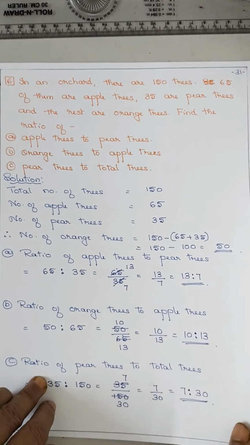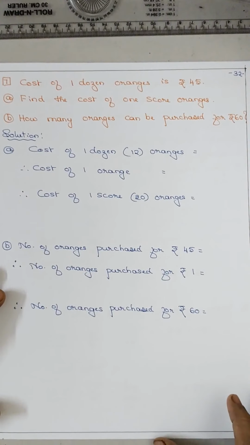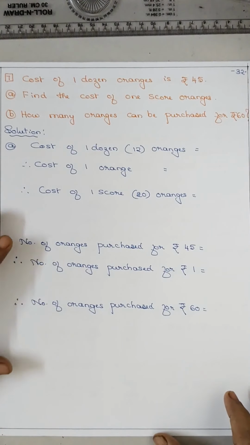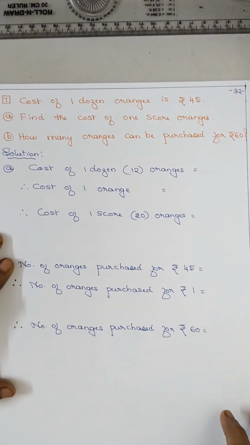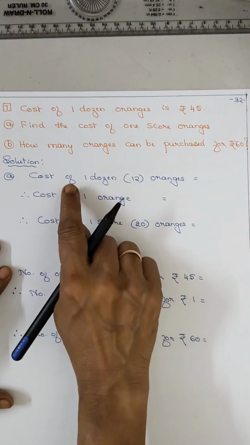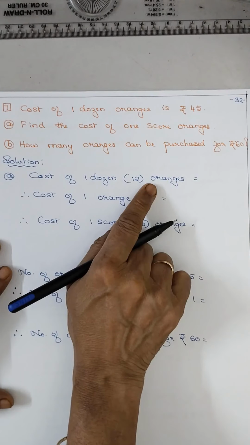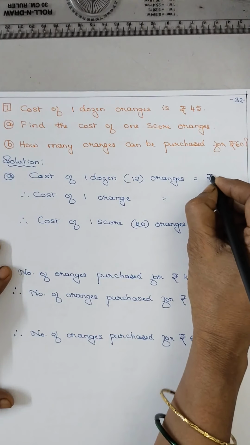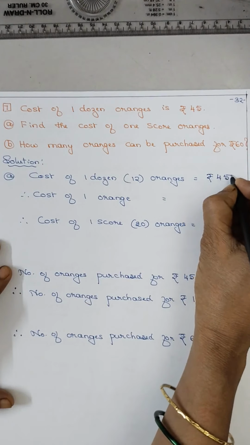Now coming to the question number 7. The cost of 1 dozen oranges is rupees 45.